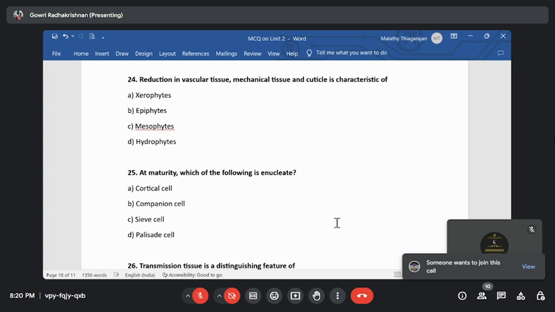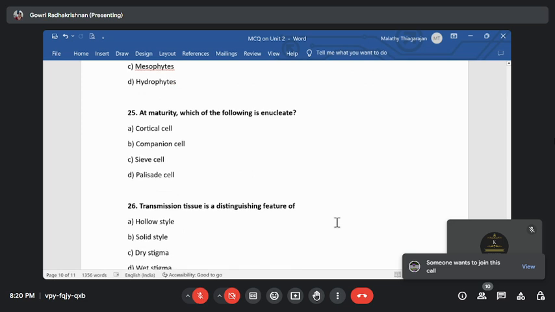Option D, ma'am. Hydrophytes. Yes, correct. At maturity, which of the following is enucleate? Option C, ma'am. Yes, sieve cell.